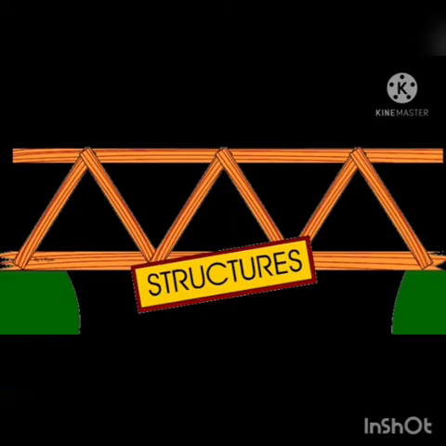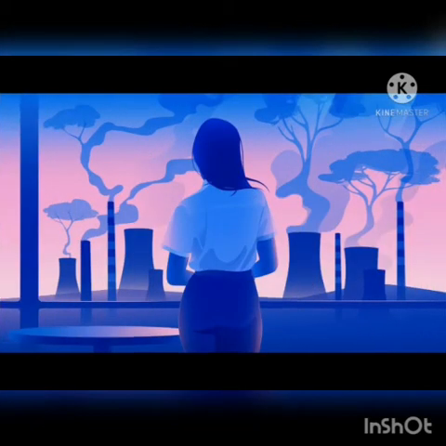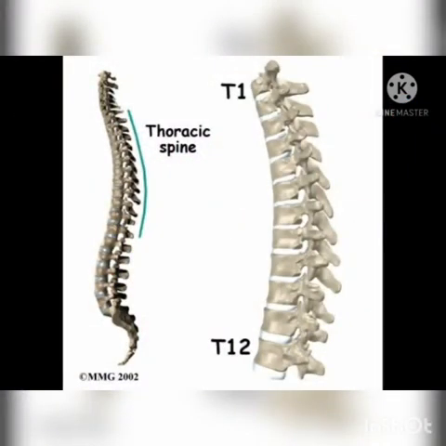Here, for the sake of illustration, I have given a section of the 10th thoracic vertebra. What all structures are encountered?